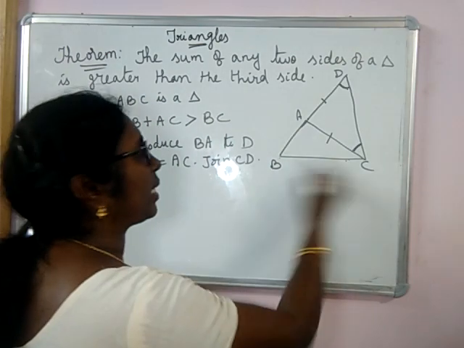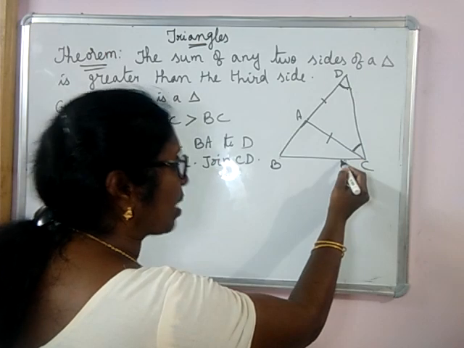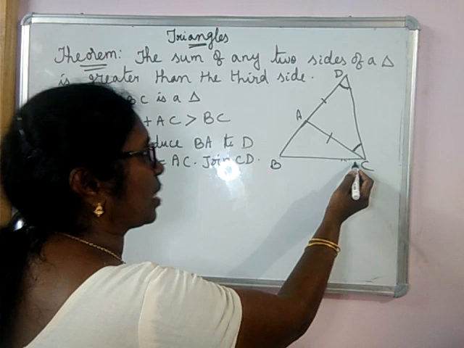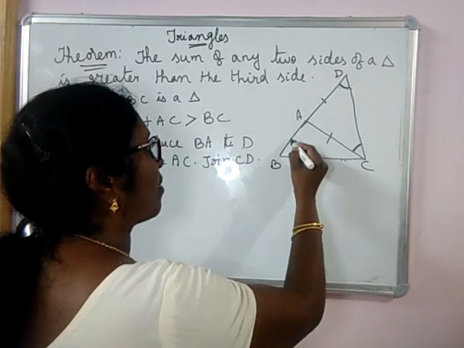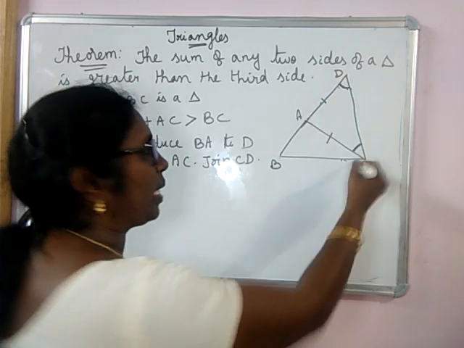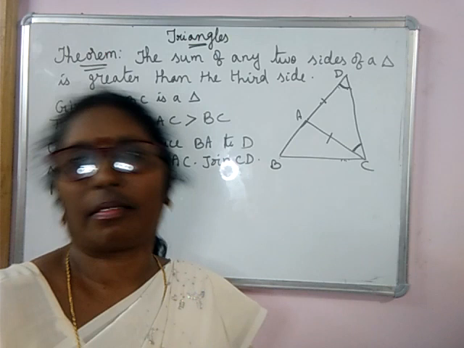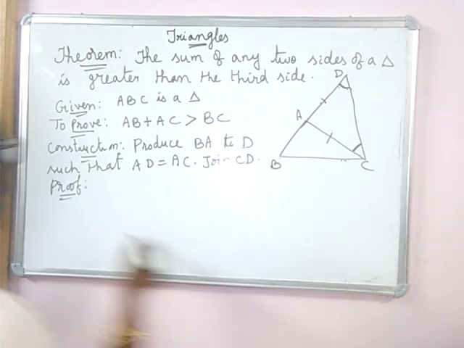Then BD will be greater than BC, because for this complete angle BD is the opposite side, and for this angle BC is the opposite side. BD is BA plus AD, but AD is equal to AC. So BA plus AC is greater than BC. Understood? Let me explain clearly by doing it.